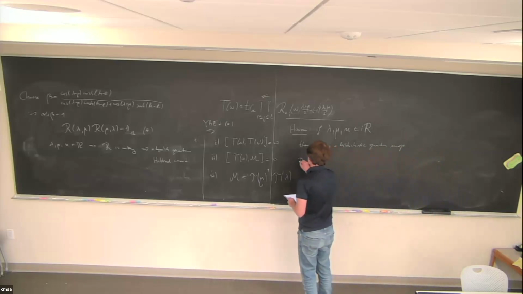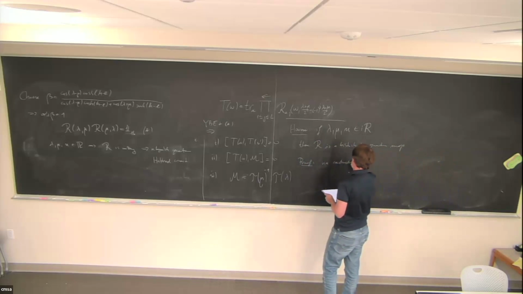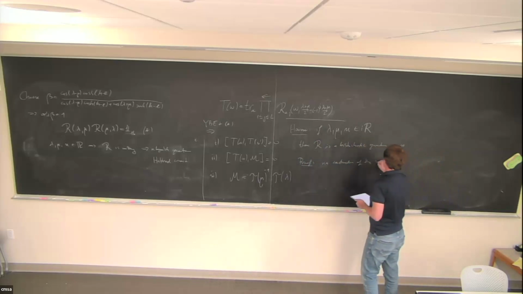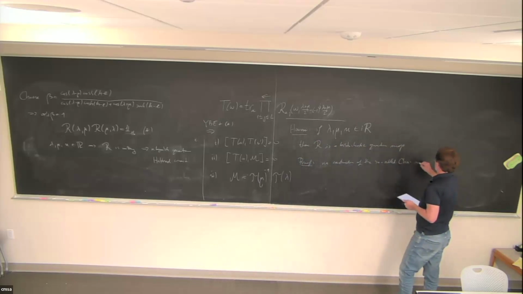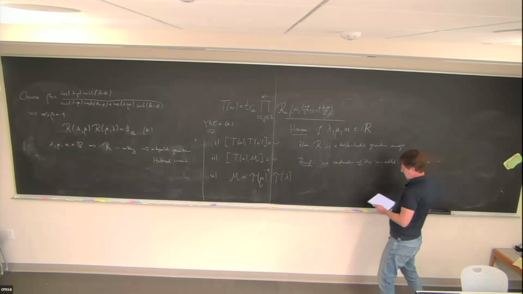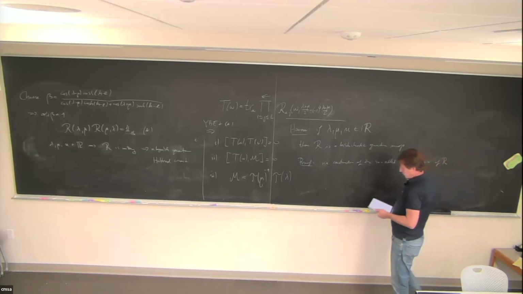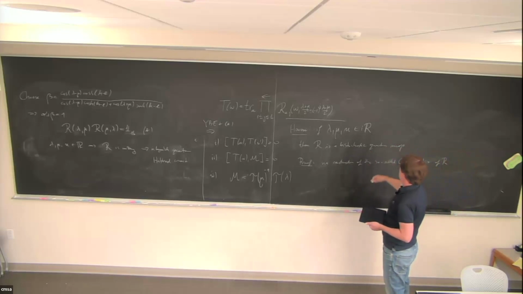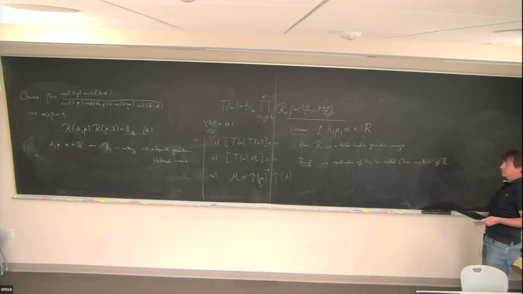So the proof goes via construction of this so-called Choi matrix of R. The map, the matrix of the map, represents a quantum channel if its Choi matrix is a state, which means if its Choi matrix is a positive semi-definite matrix with trace 1.